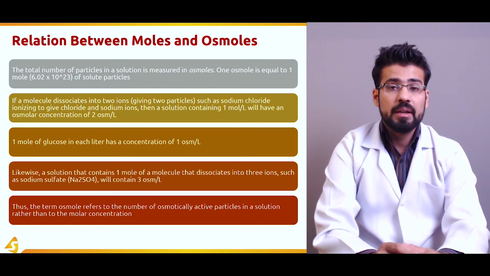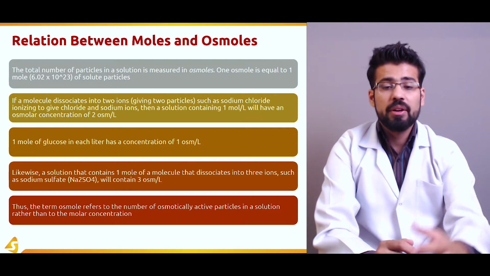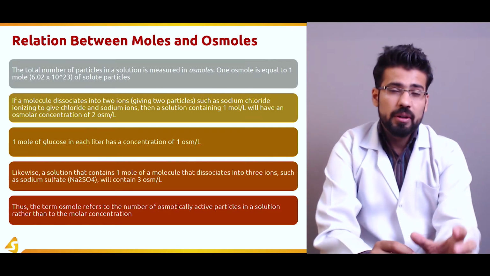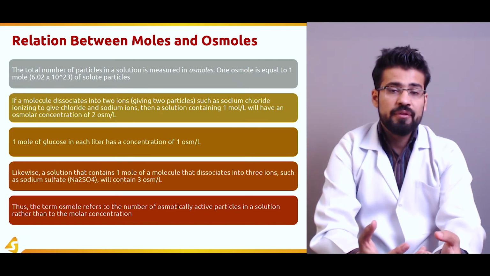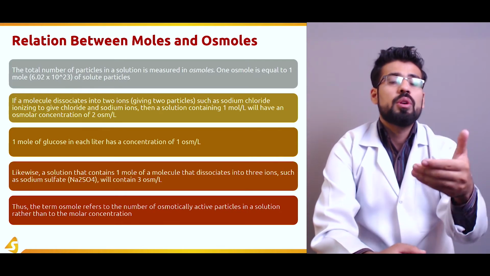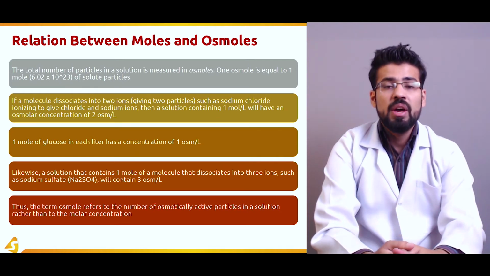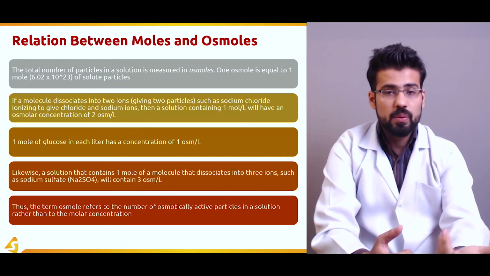But here's the important difference. When you have a particular molecule and you dissolve it in a solution, let's take the example of sodium chloride. So you have 1 mole of the sodium chloride, and its osmolarity is 1 osmole as well.